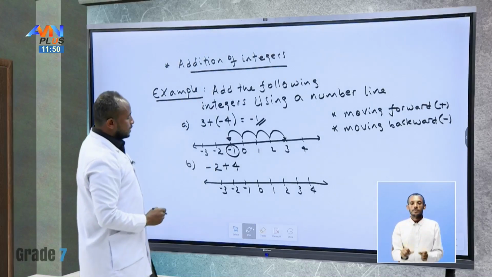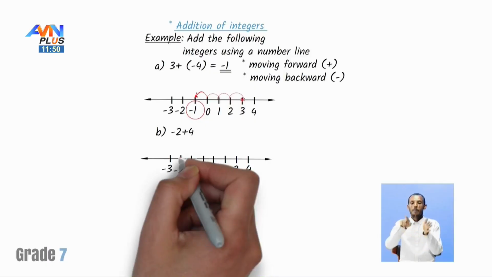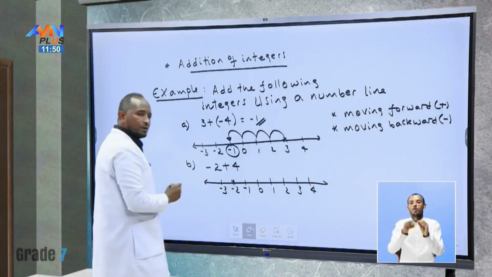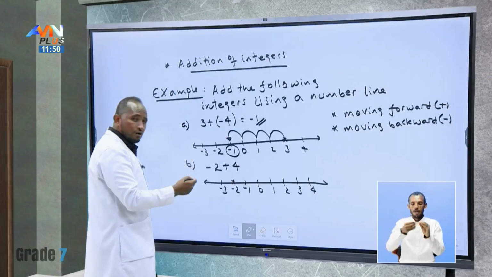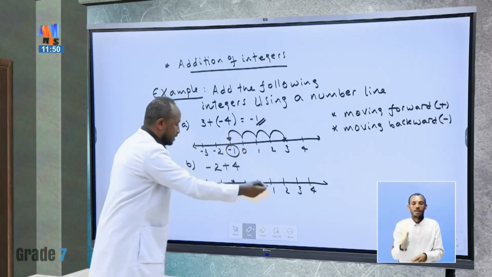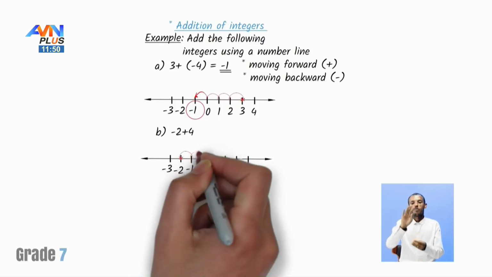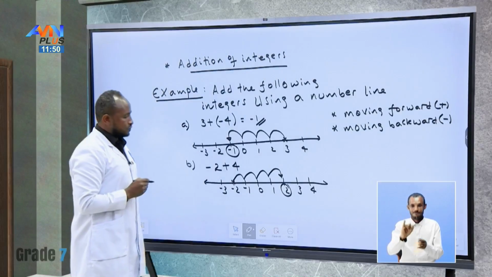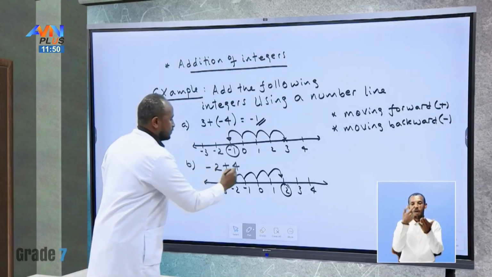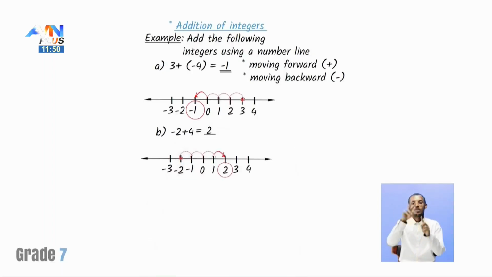So the question here is, on -2, you add 4. You add 4 means positive 4, so you move 4 units to the right. So on -2, you move 4 units: 1, 2, 3, and 4. Finally, you arrive here. So the answer will be positive 2. Therefore, here, -2 plus 4 gives us positive 2.